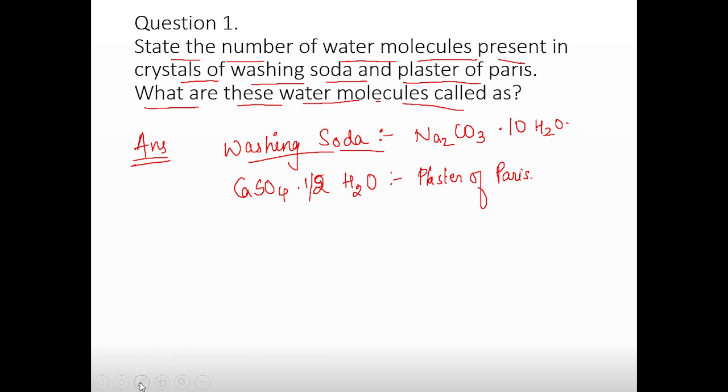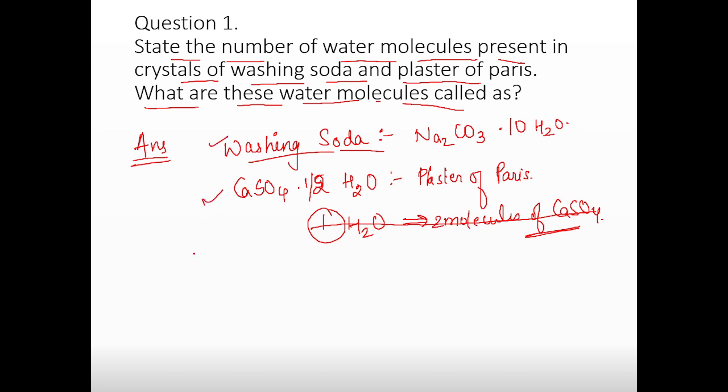It simply indicates that there is one H2O in every two molecules of CaSO4. So do not write this. In your answer, give this, and write there are 10 molecules.